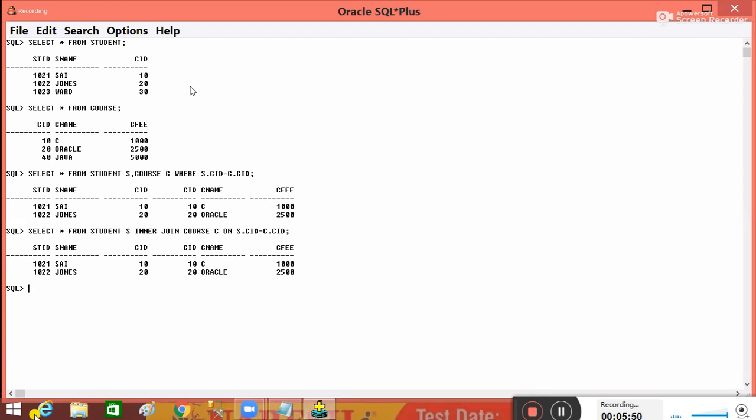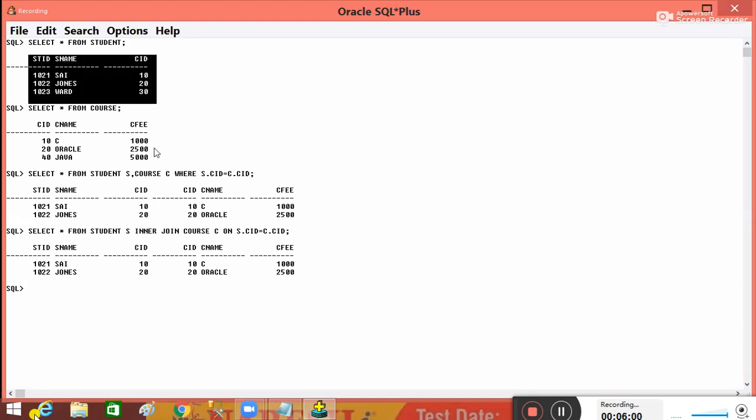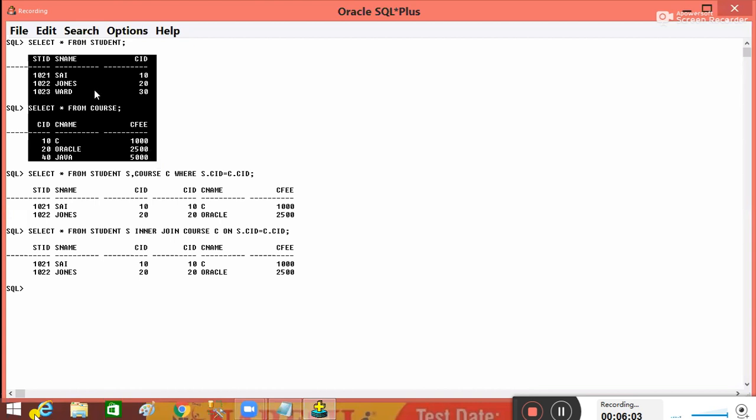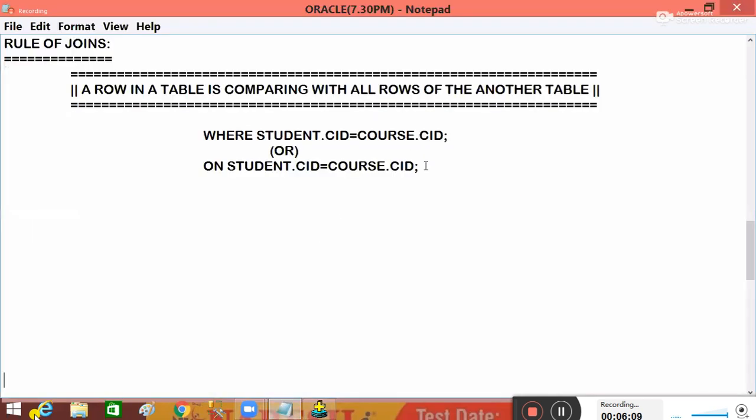But how the condition we wrote on inner join, as well as on equi join, actually works, you can see in these two tables' information, guys. As per your condition, it is the student table CID equal to the course table CID.